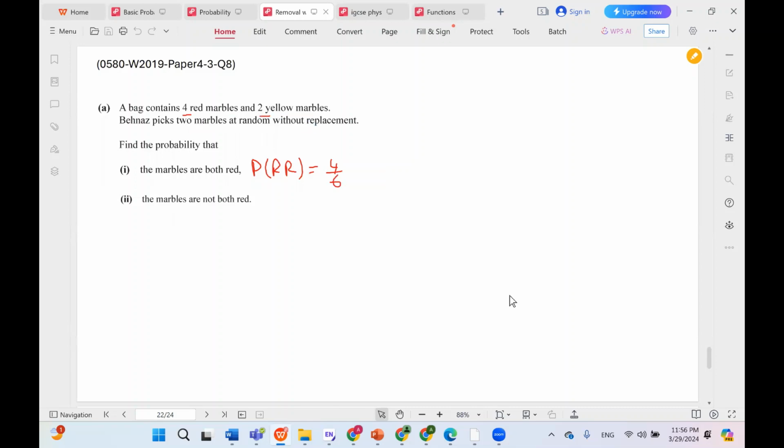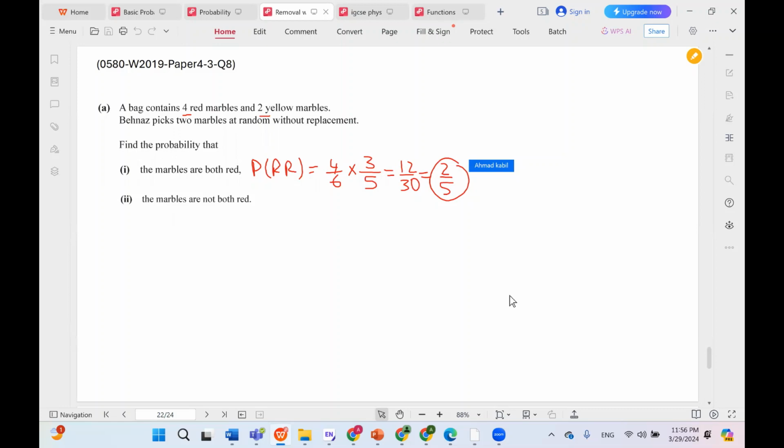And then once he takes out one red marble, he now has 3 red marbles remaining out of 5 in total. So the answer here would be 12/30. You can simplify this, of course, by dividing by 6, and you would get 2/5 as a final answer.